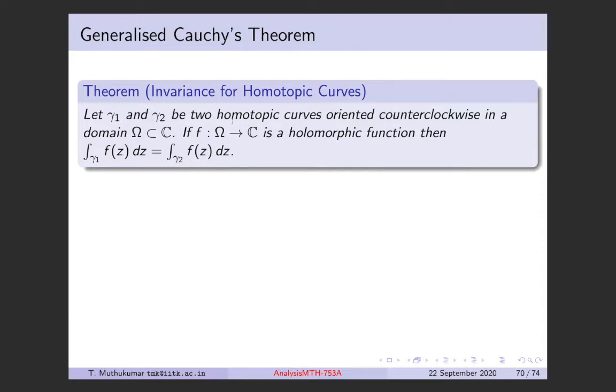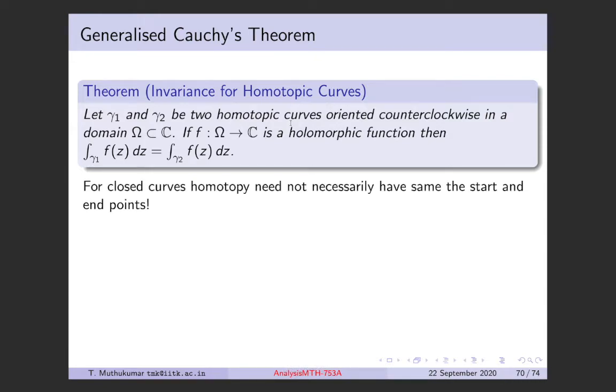So here when I say homotopic curves, the picture I showed you is where both gamma 1 and gamma 2 have the same start and end points. But that's not necessary. You can also define homotopic curves when the curves don't have the same start and end point, and extend this notion. In fact, the notions are equivalent if your curves are closed curves.